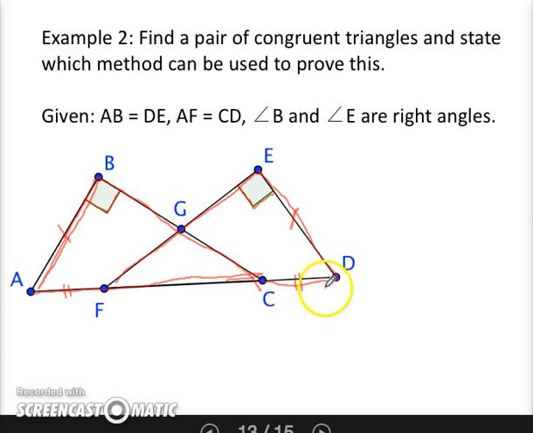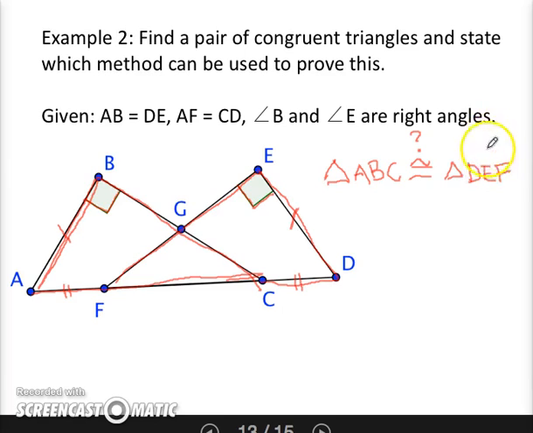So it looks like we might be able to prove those two triangles congruent. Let's write it down as a conjecture. Triangle ABC might be congruent to triangle DEF.